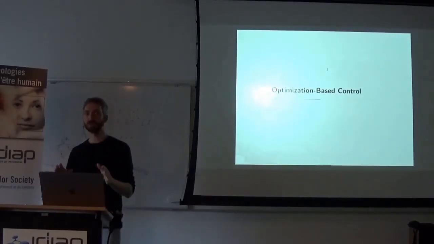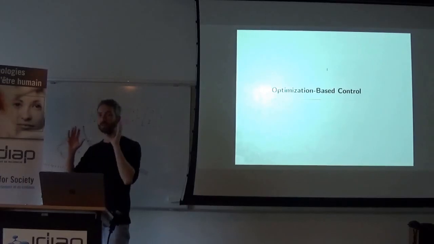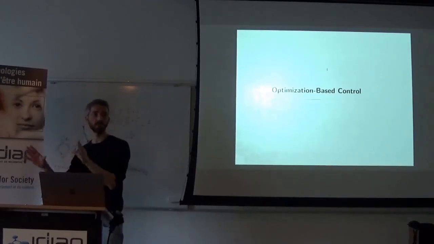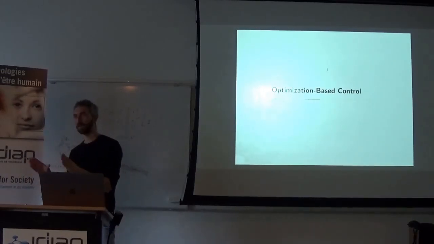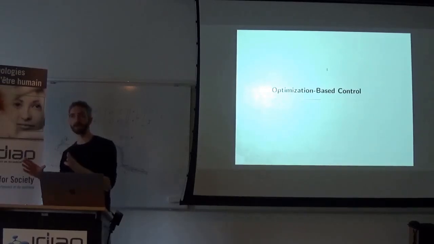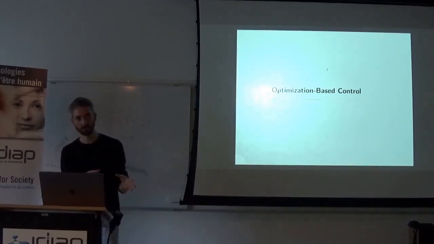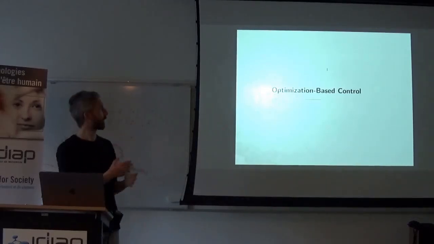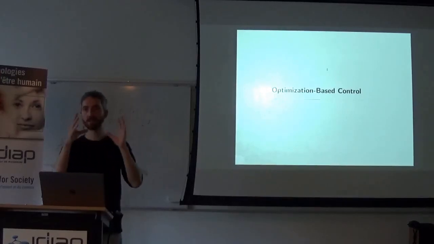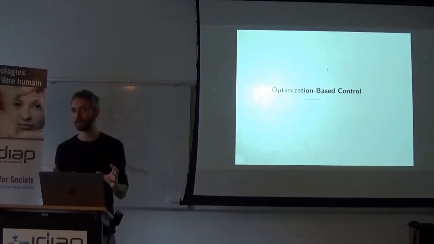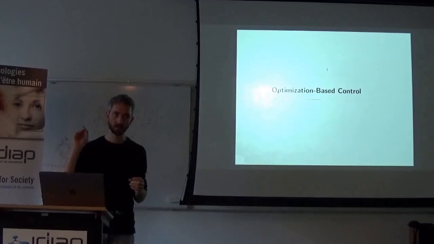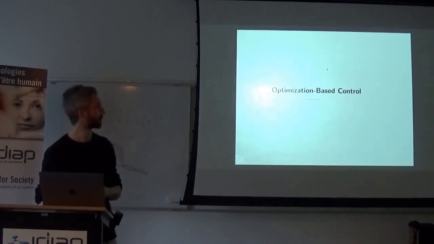Okay, so we have seen how to model the actuators of our system. We decided to stick with the assumption that our actuators are generating forces or torques. And then we saw how to model the task we would like our robot to perform by using this task function approach. And in the end, we get these affine functions of the robot accelerations and control inputs.